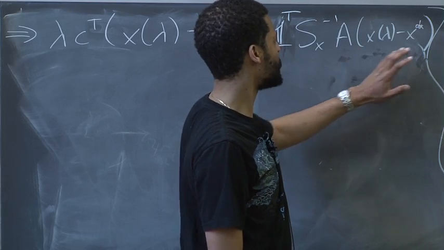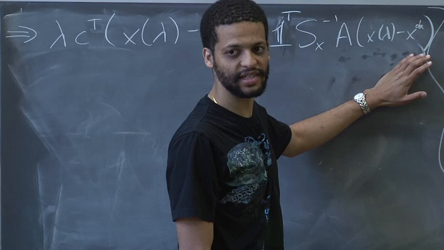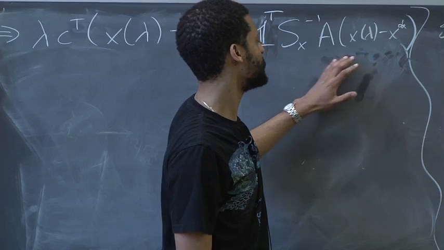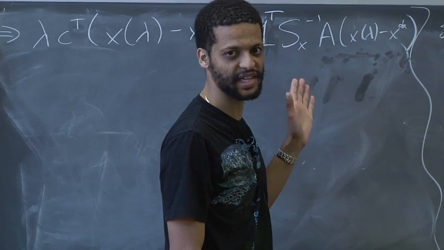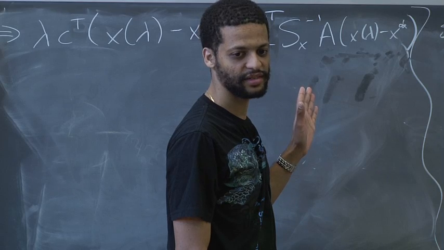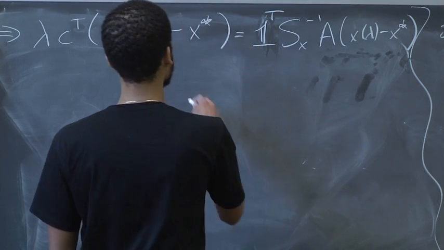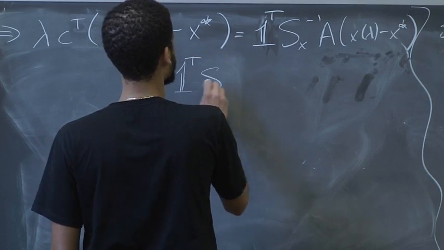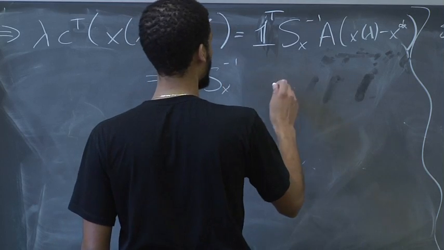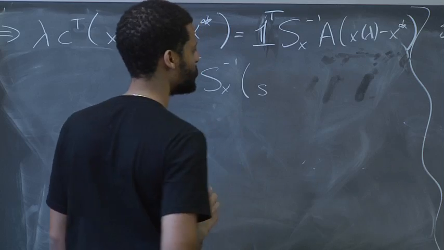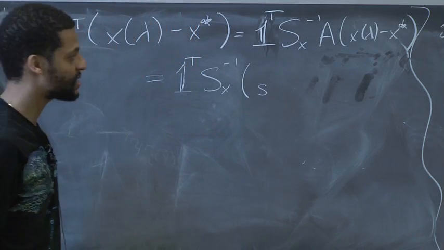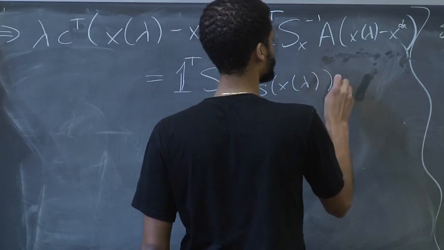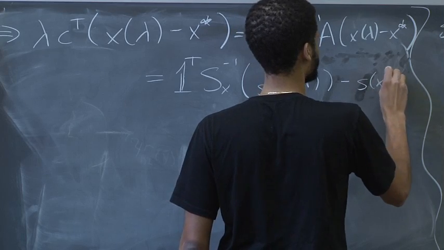A times x star minus b, that's the definition of the slack vector for x star. And when you take the difference between them, the b's cancel. So this is just equal to 1 transpose Sx inverse, and now let's use little s for the actual vector of slacks, little s of x lambda minus little s of x star.